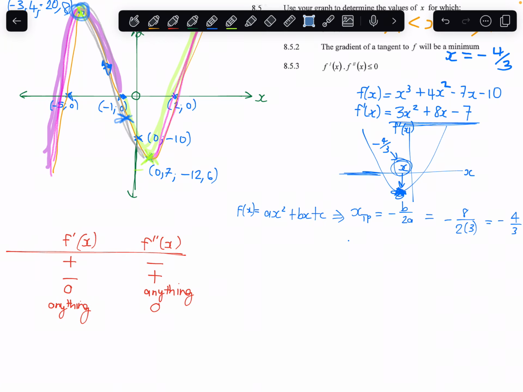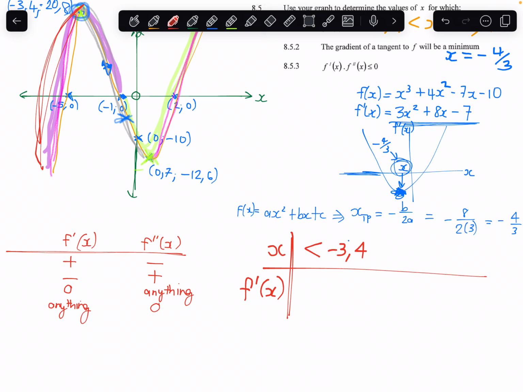Okay, so we already kind of know where f prime is positive and where it's negative. We know that when x is smaller than negative 3,4, f prime, the gradient, is positive, right?